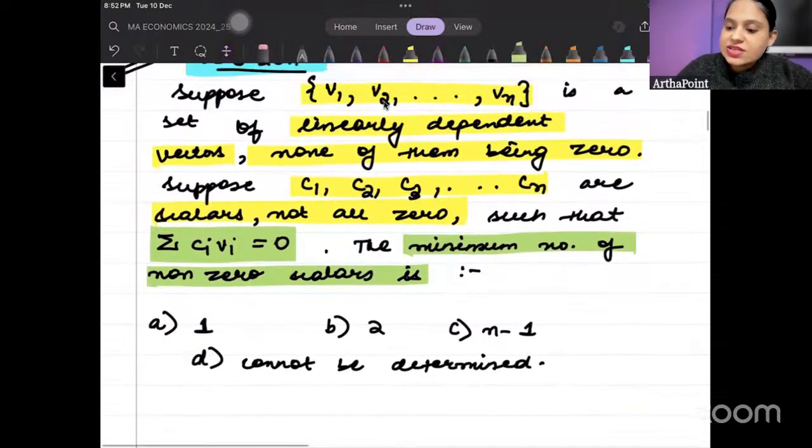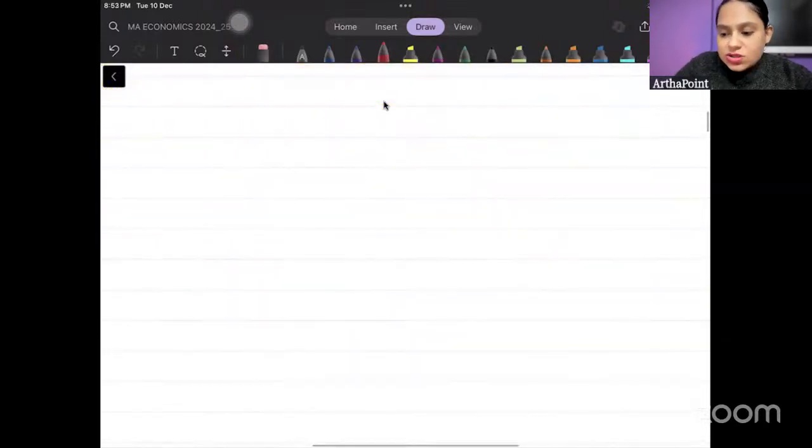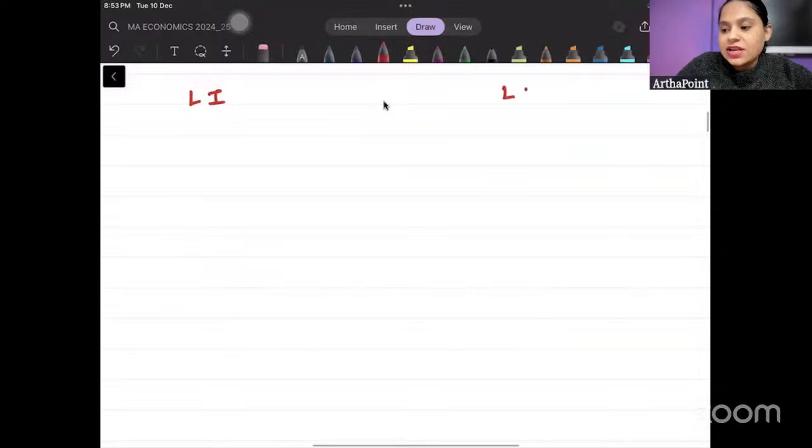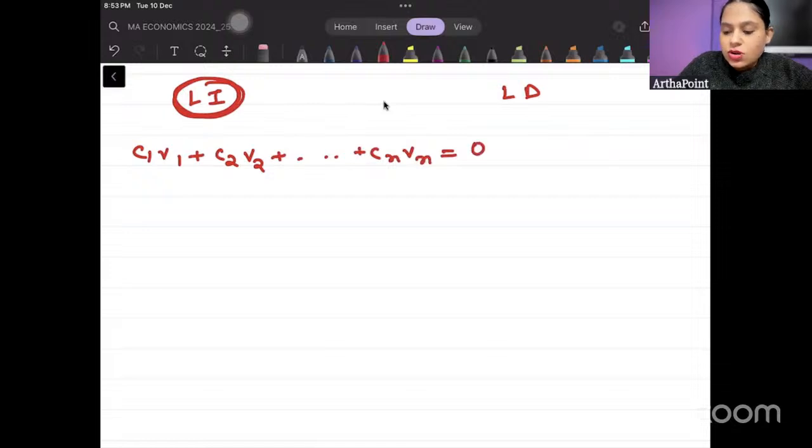So what it is saying: V1, V2 is a set of linearly dependent vectors. So let's just revise the concept of linear independence and linear dependence. When are vectors said to be linearly independent? When C1 V1 plus C2 V2 and so on till Cn Vn is equal to 0 implies if and only if all Ci's are 0.